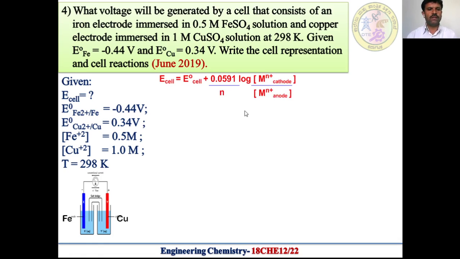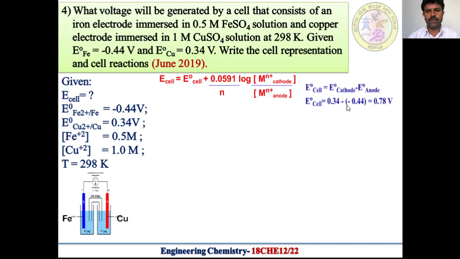The suitable Nernst equation for the cell is E cell is equal to E naught cell plus 0.0591 divided by n log of the concentration of solution at cathode divided by the concentration of solution at anode. Let's calculate the standard EMF of the cell using the standard reduction potentials of the two electrodes. The E naught cell is equal to E naught cathode minus E naught anode.